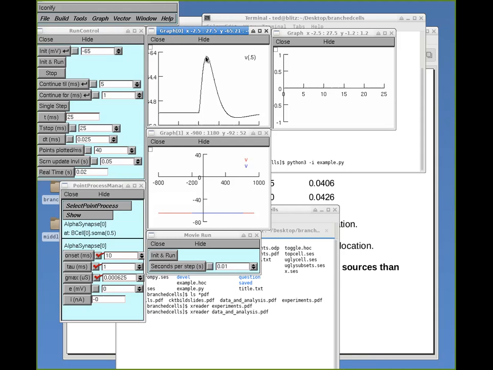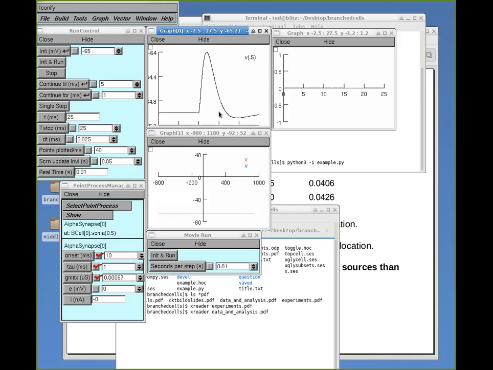Very close, yeah. 6 is close enough. 0.067 microsiemens for the 1 millivolt EPSP. 0.067, okay? And that gives us a millivolt.